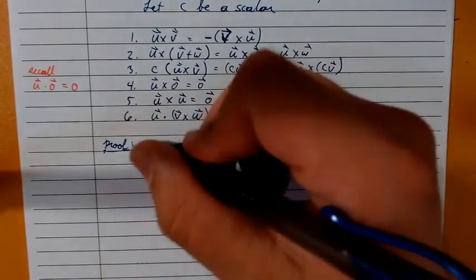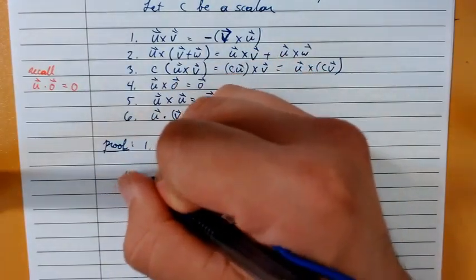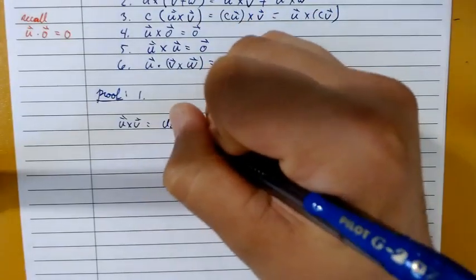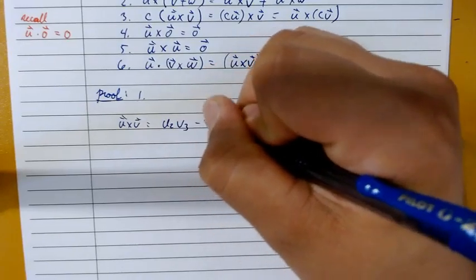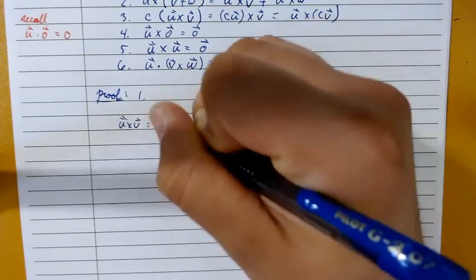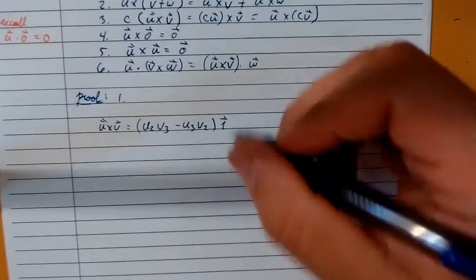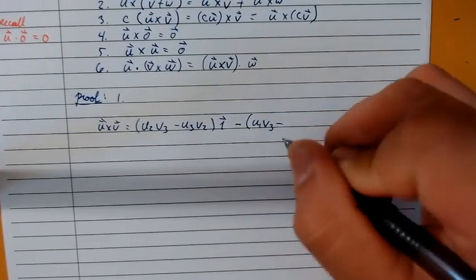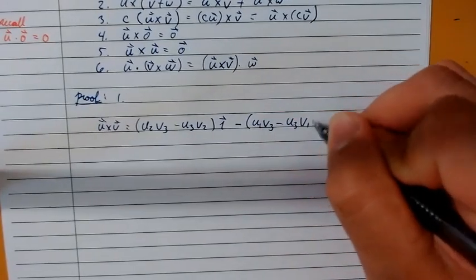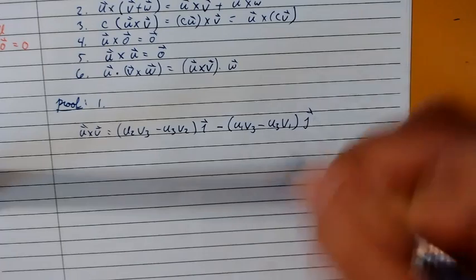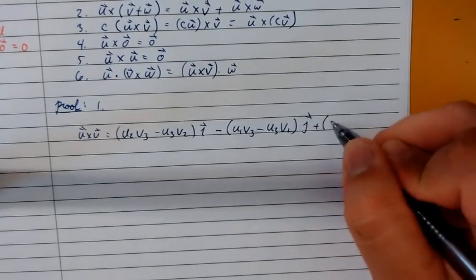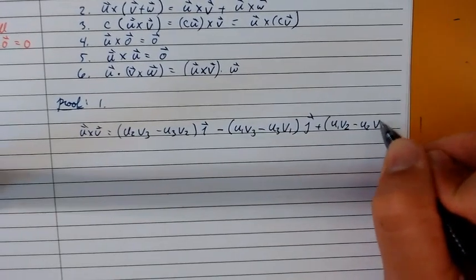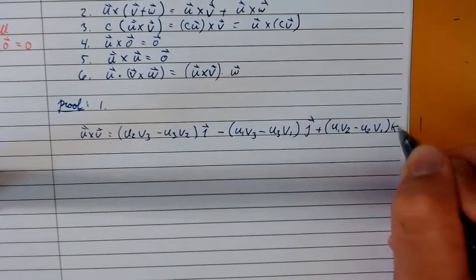So, U cross V, by definition, is U2V3 minus U3V2 I, minus U1V3 minus U3V1 J, plus U1V2 minus U2V1 K. Like that.